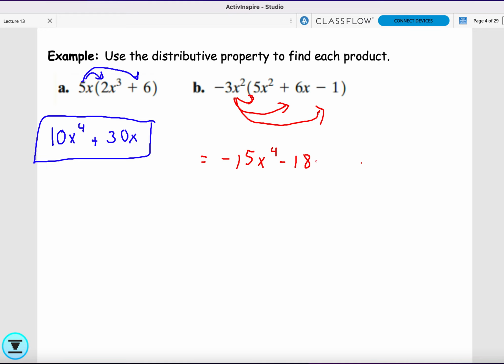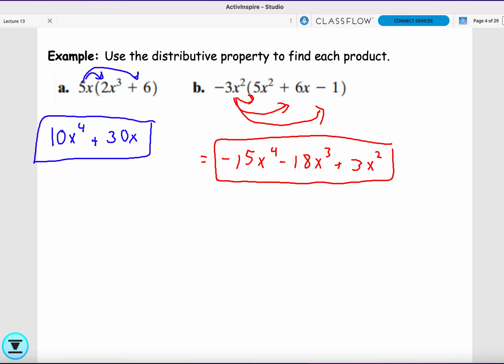X squared times x is x cubed. Negative 3x squared times negative 1. Two negatives make a positive. 3 times 1 is just 3. And then don't forget the x squared. And we're done. So distribution is just multiplying the term outside the parentheses to everything inside.